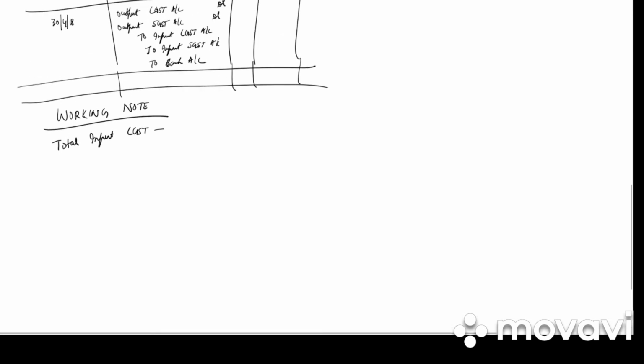So all the debit side balance will be plus and all the credit side balance will be minus. So 9,000 minus 600 plus 300 minus 1,200 minus 900. How much do we get? 6,600.